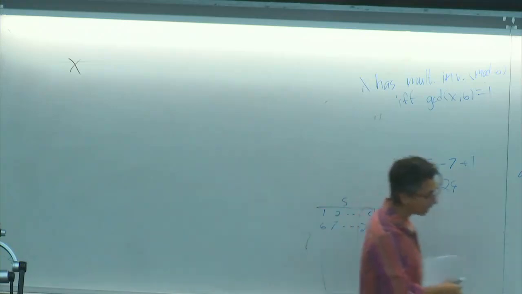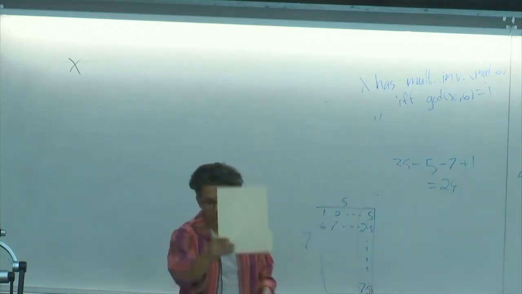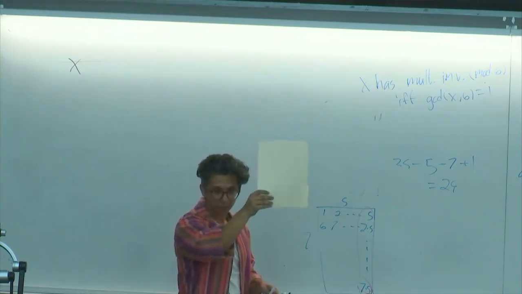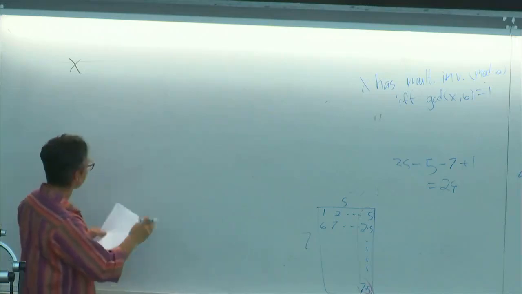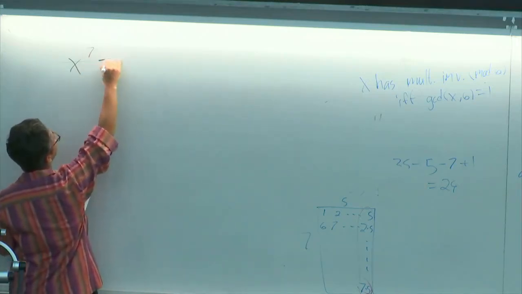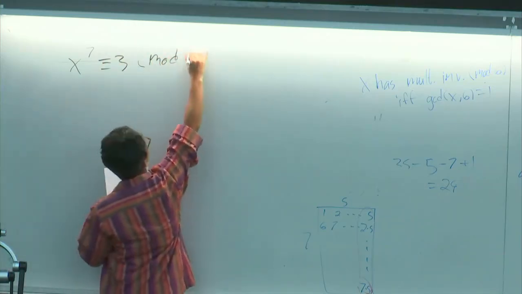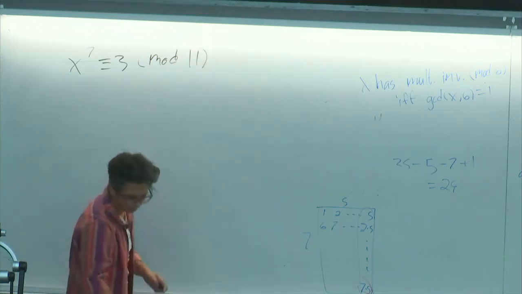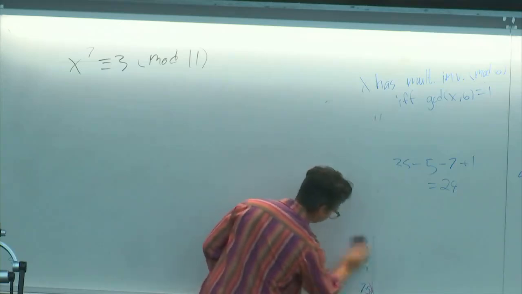I could have you guess x, but this time x is actually kind of small, so you might be able to guess it. So I won't try to have you guess it, but I do have a number written in here that I can show you. It's big, so I'm not telling you what it is, but I'll give you a hint. The hint is that x to the 7 is congruent to 3 mod 11. And I want you to tell me what my number is.